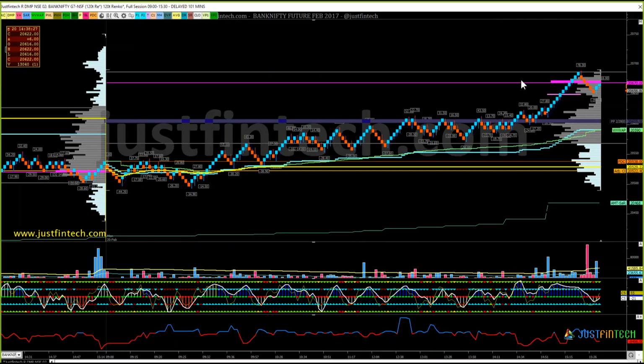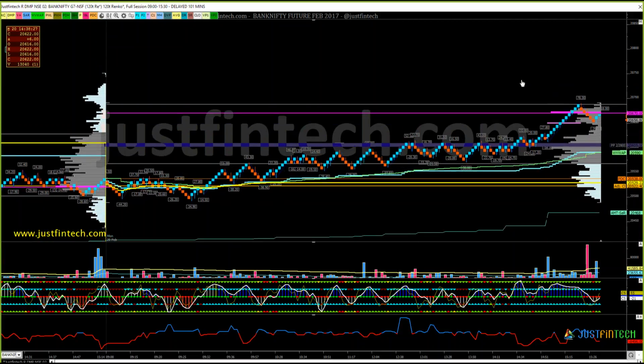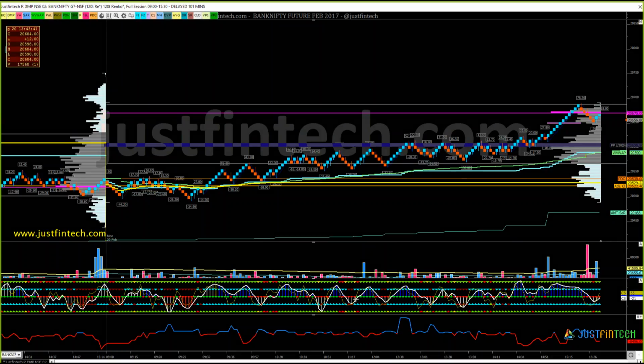So let's see the scenario for today. Again the same thing, expecting open into this range. There is a LVN here, a major HVN here, and then we draw any levels of the highs.